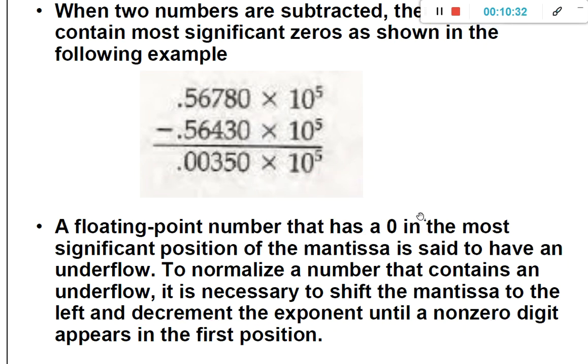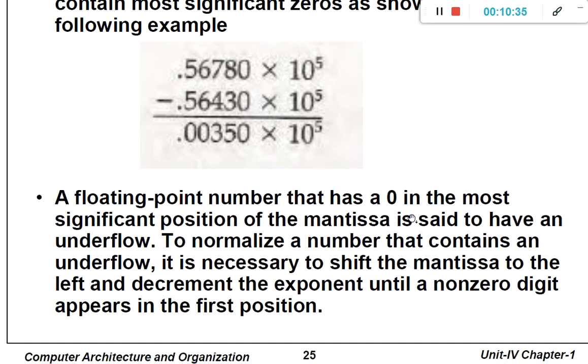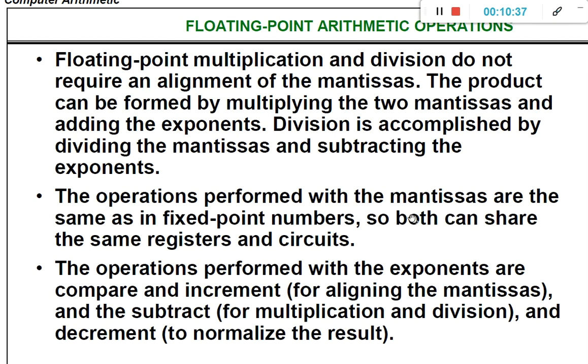As far as multiplication and division are concerned, these operations are even easier to perform with floating point numbers. Floating point multiplication and division do not require an alignment of the mantissas. The product can be formed by multiplying the two mantissas and adding the exponents.